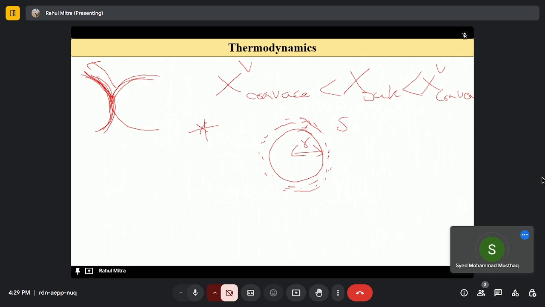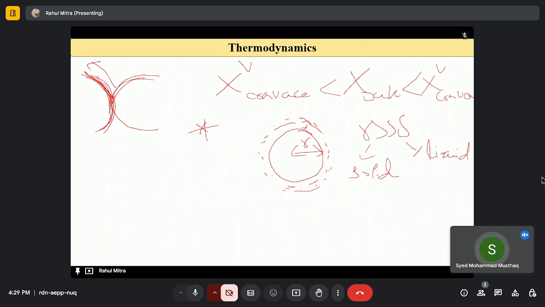So let's assume R is greater than delta. This is our solid, and this is our liquid phase.